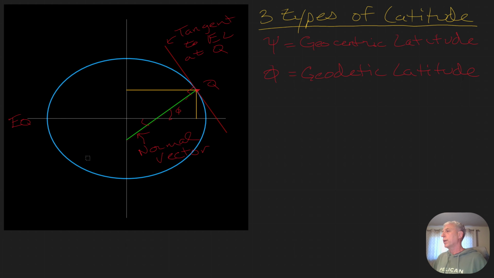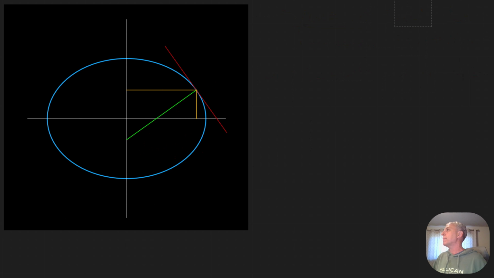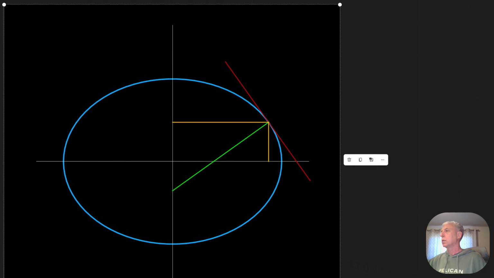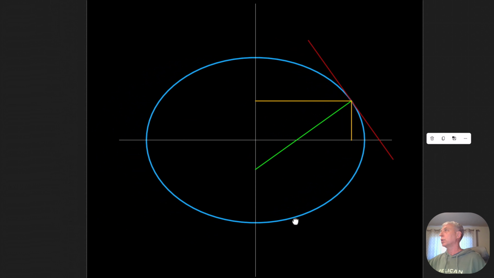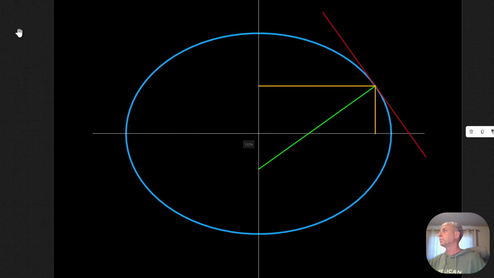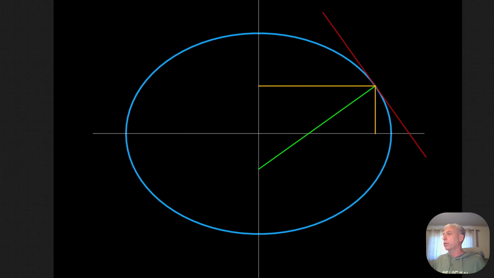So let me just erase everything that's here, and I'm going to go over the anatomy of the ellipsoid. To do that, I'm going to bigify my image because it's really hard to draw little things on this digital dry erase board. I'll just use yellow again.